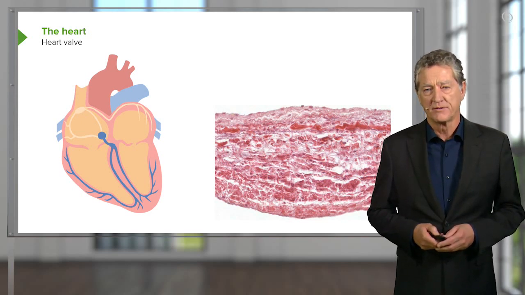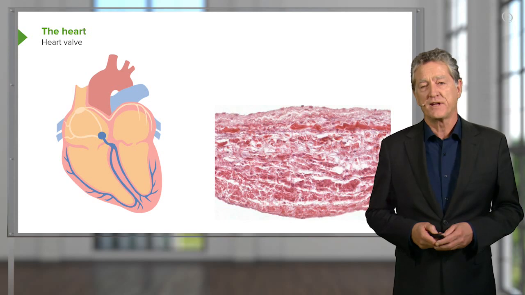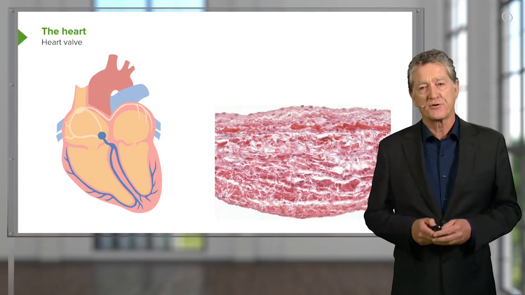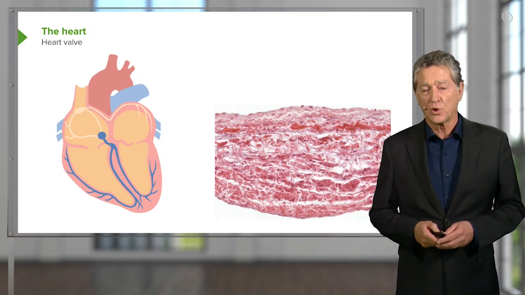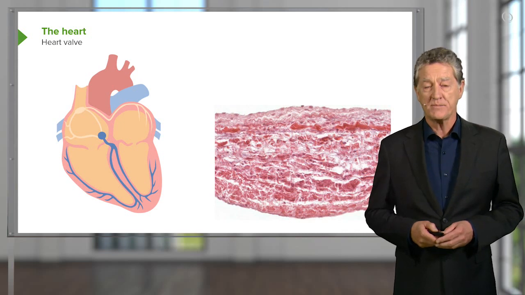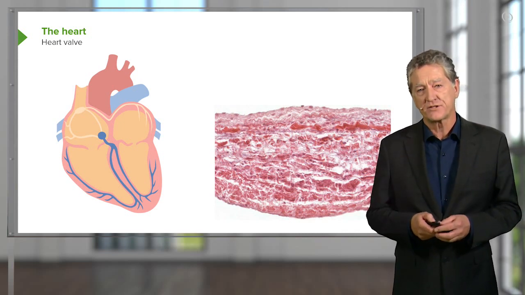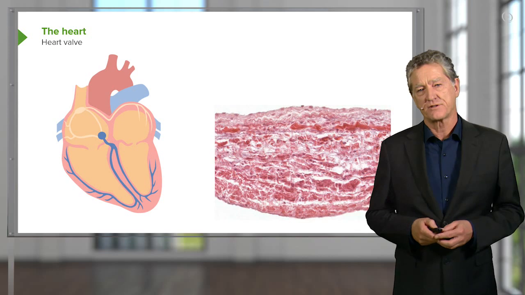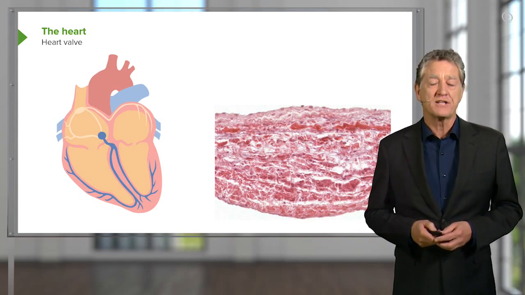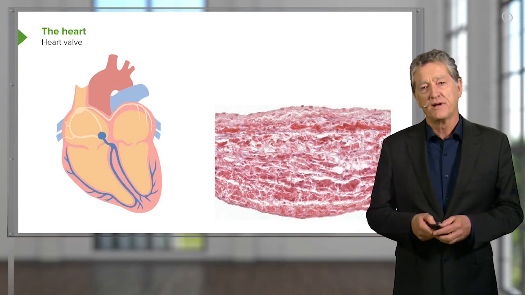So sometimes on the surface of the heart valve, you might have an atrial surface and a ventricular surface, if you're looking at the valve between the atrium and the ventricle. Sometimes there could be a blood vessel surface and a ventricular surface, depending on whether or not you're looking at a heart valve that separates the blood vessel from the ventricle.